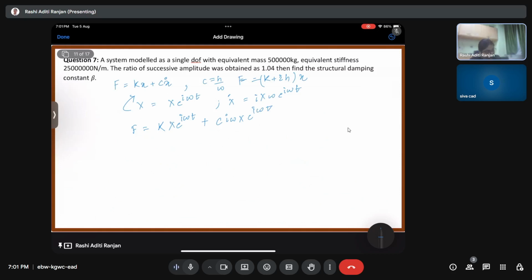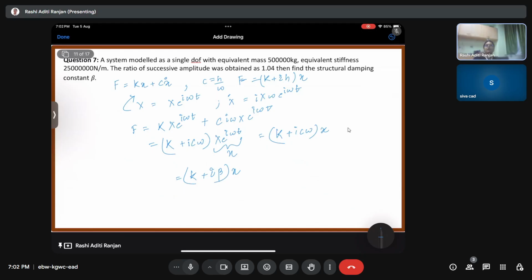Okay, so this can be further written as k plus c i omega into x. Now if here I take common the value of k, then I can get it as k plus i beta into x. The beta was nothing but c omega by k.